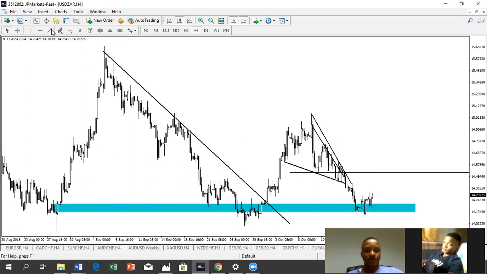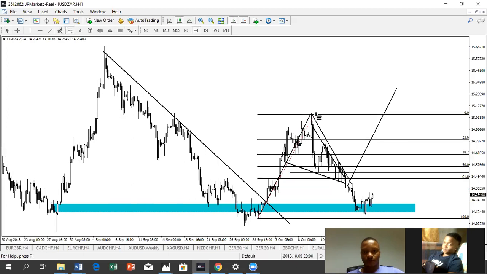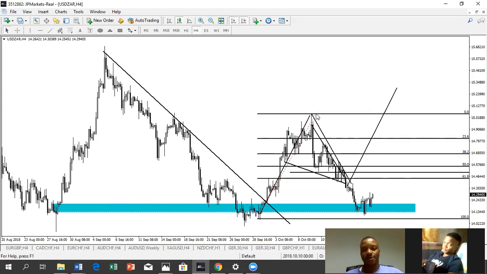The pennant is a consolidation, from where we said it's going to continue going up like that. Another thing that we used was Fibonacci. We pulled Fibonacci from the high to the low, from the low to the high there. What I quickly want to explain to you is how we sold it going down to that level.